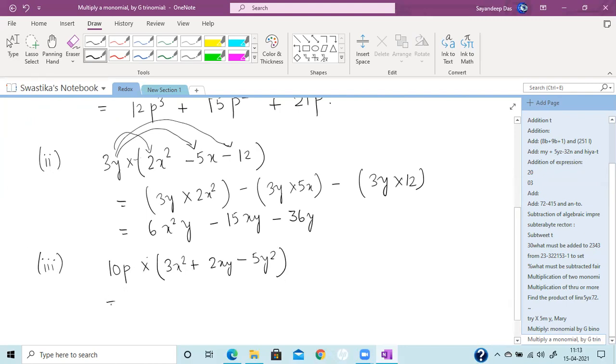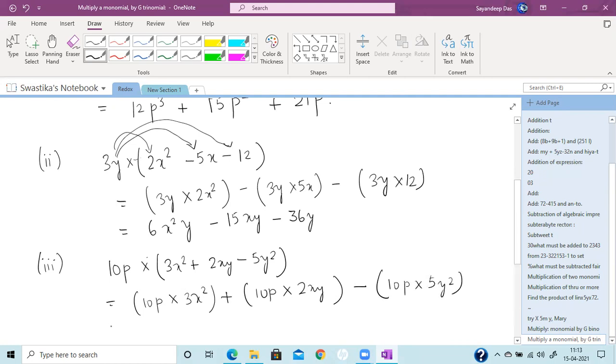You do this now, that is 10p into 3x square plus 10p into 2xy. Now plus minus is minus, so 10p into 5y square.